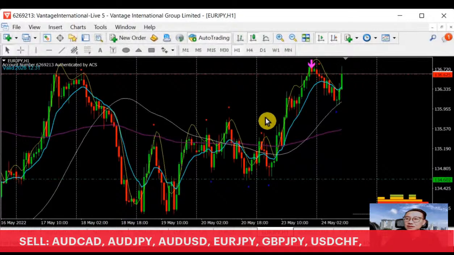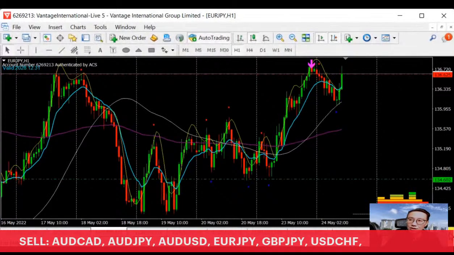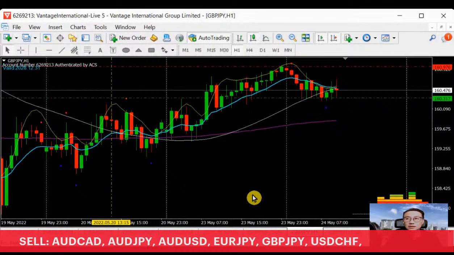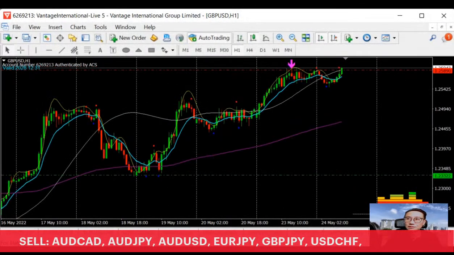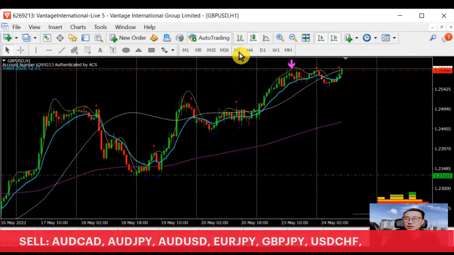Another one will be pound yen. Pound yen came down and got rejected again. So you see, there's a lot of turbulence in this area. Pound dollar is still testing the resistance of H1 here.